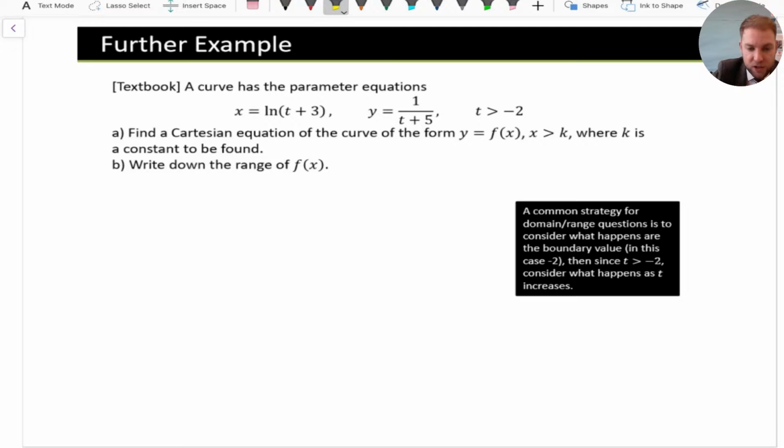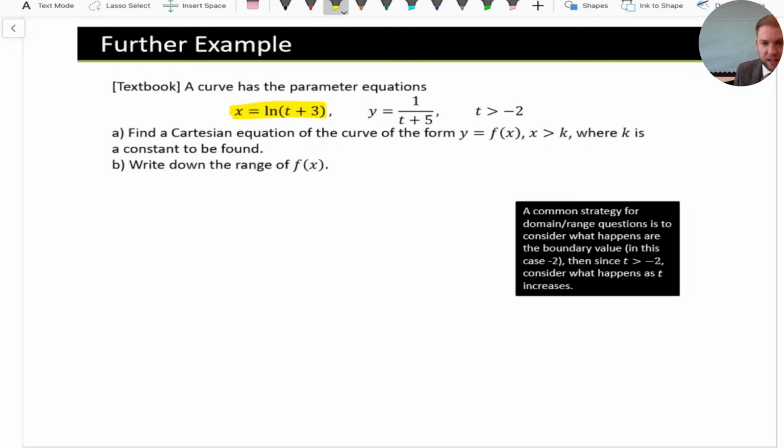So the first thing we're going to need to do is rearrange and substitute in to make this in our Cartesian form. Which one's the best one to rearrange? I would probably rearrange this one here, although you can rearrange the other one.